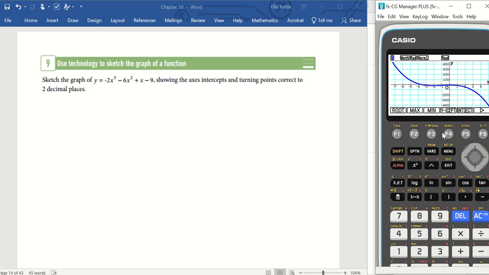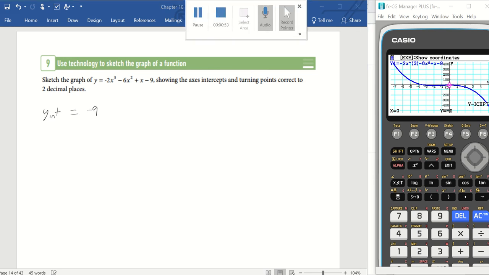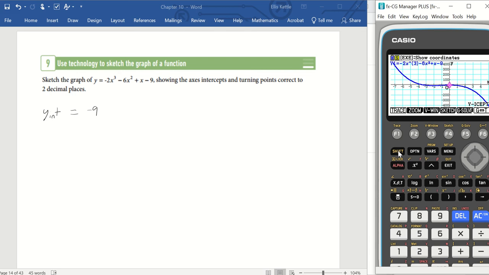So the first thing we could look for is for a y-intercept. And you can see there's a y-intercept at 0, minus 9. So we've got a y-intercept at minus 9. The next thing we might look for would be an x-intercept or a root.